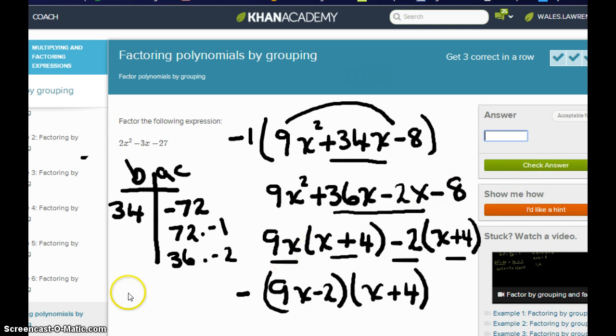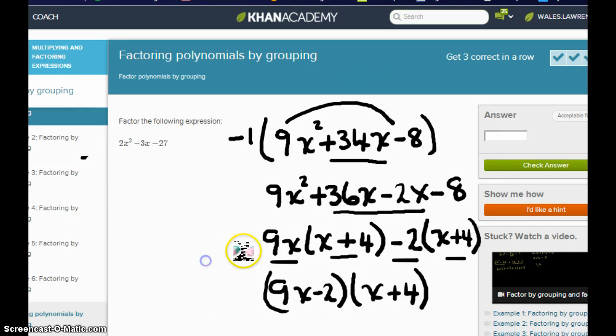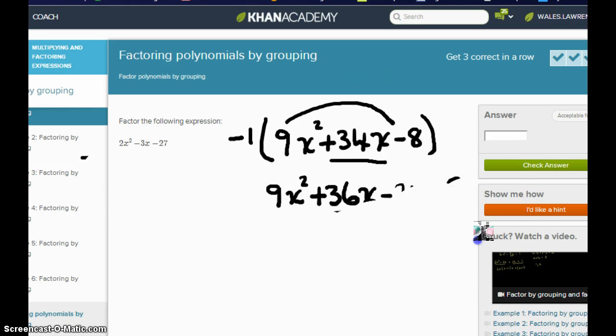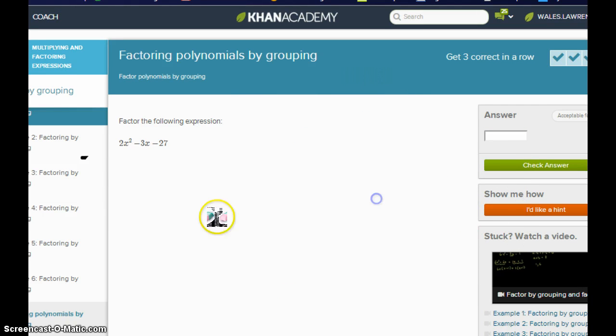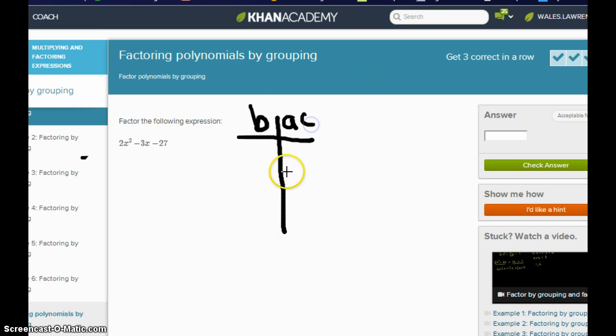Great. Next question. Okay, and this one looks like it's nice and positive, so we don't have to deal with that. So, come up here, look for a GCF. Any GCFs? Doesn't look like it. Looks like a quadratic, so I'm going to build my table.